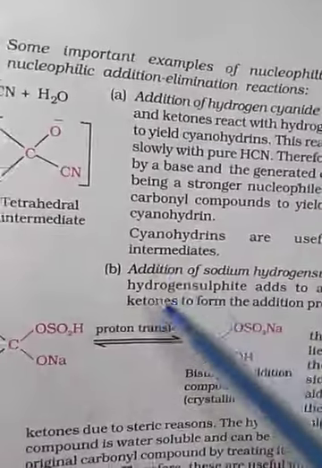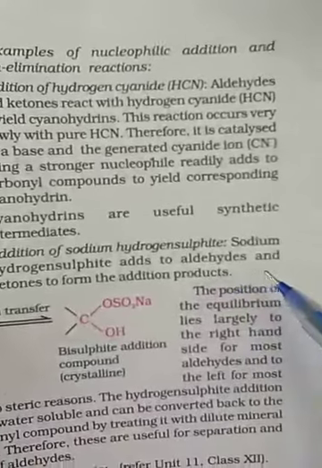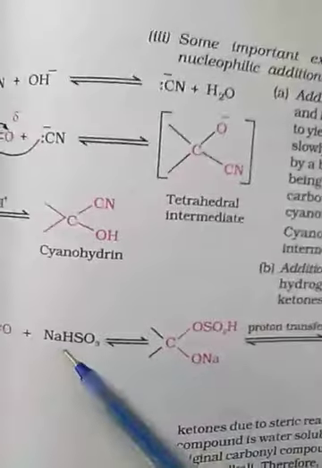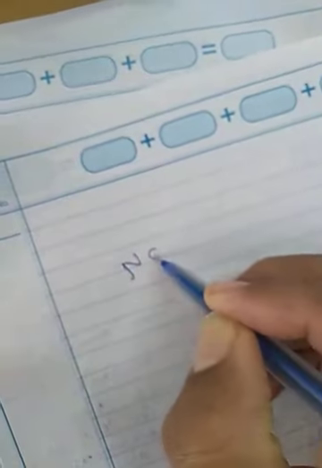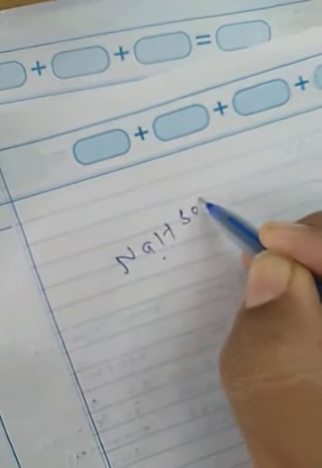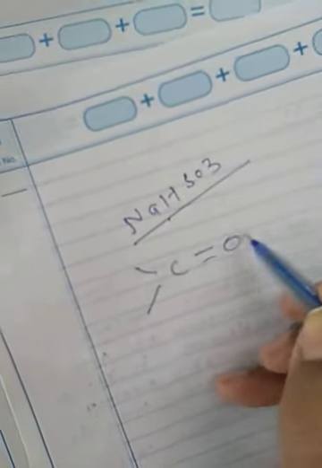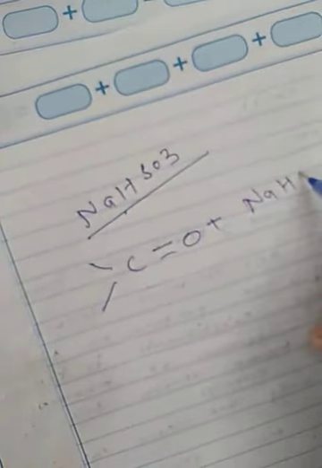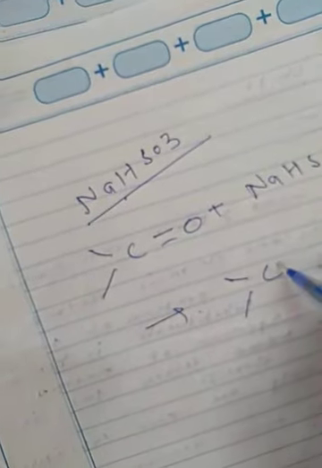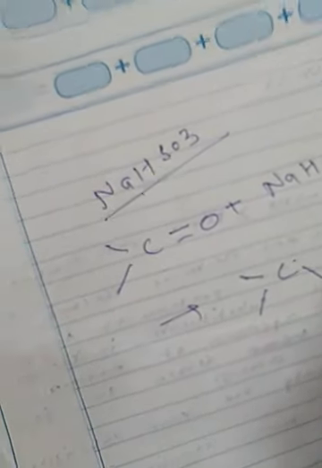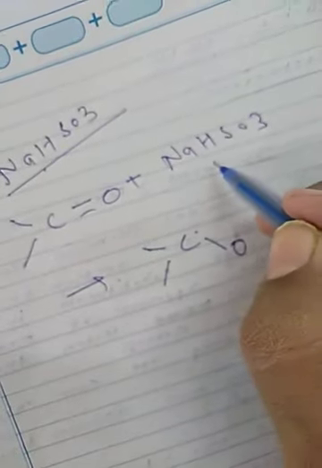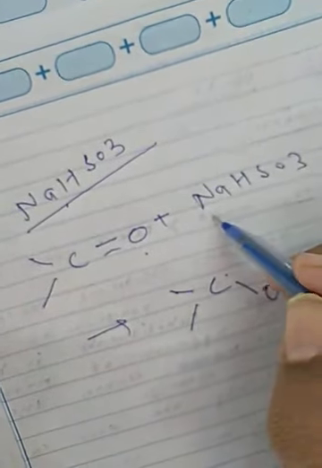Okay. With another example, B, addition of sodium hydrogen sulfite. You can do it by yourself also. See, addition of sodium hydrogen sulfite, this one. Now you know, very simple, C double bond O plus NaHSO3. What you are getting? Break the double bond, with O like that. Now this O already is there.